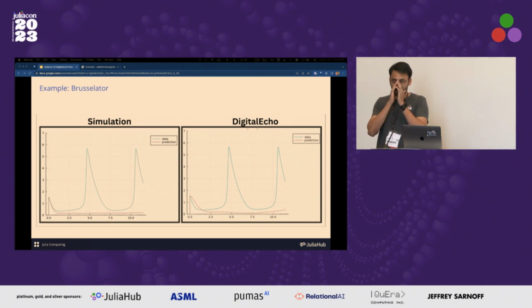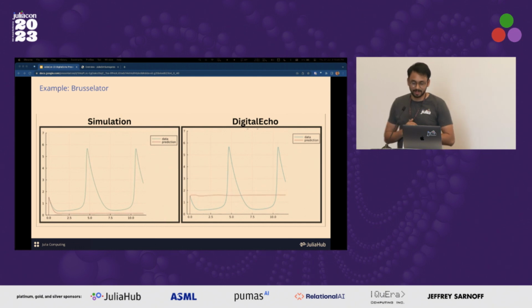Okay, we are able to speed things up, but that's not everything, right? What do we do with the speed? So we need to think about applications using the speed, right? And one of the major applications which I discussed earlier is parameter estimation. And we are able to do that with Digital Echo on the Brusselator very fast.